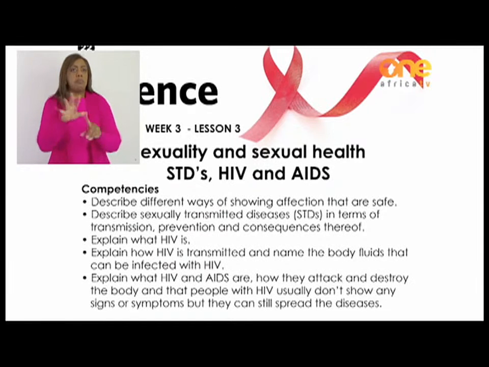And then it says that a learner must be able to explain what HIV is. The next one says explain how HIV is transmitted, and then name the body fluid that can be infected with HIV. The last one says explain what HIV and AIDS are, how they attack and then destroy the body, and that people with HIV usually don't show any sign or symptom, but they can still spread the disease.